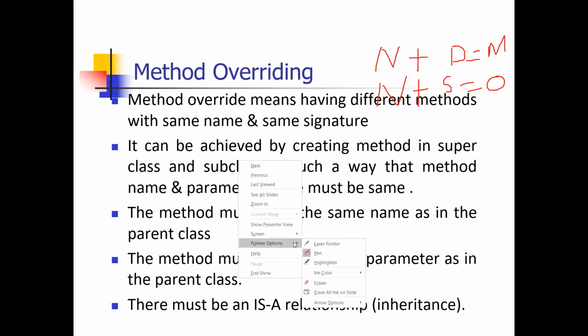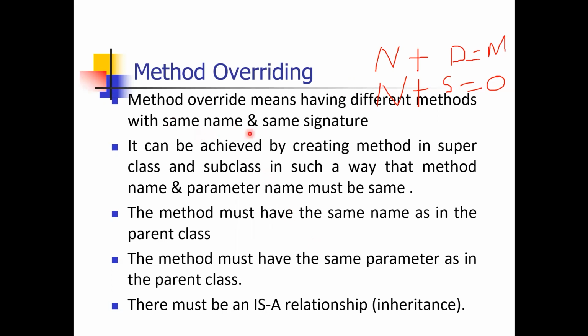In the previous one, the method name was the same, but the signature was different. Parameters were different; either the types were changed or the number of arguments was changed. But in this case, the method name is the same and the parameters are also the same. That's why it's called method overriding.